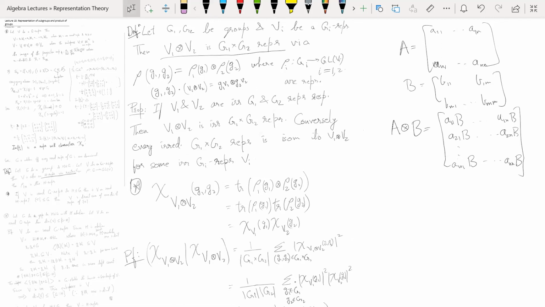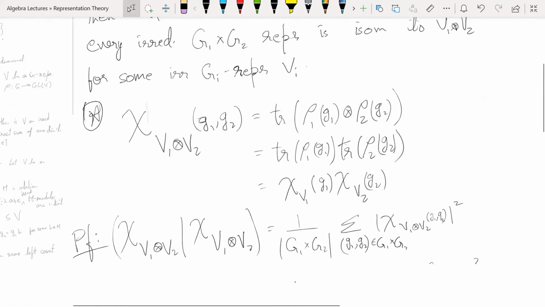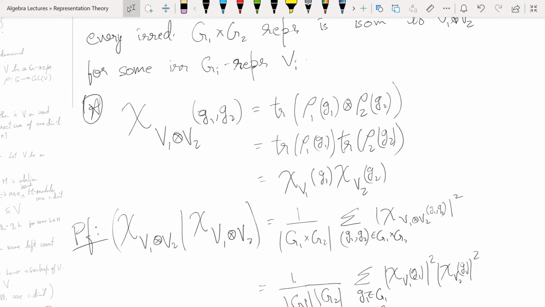So you get that the character of V1 tensor V2 is the character of V1 evaluated at G1 times the character of V2 evaluated at G2. Is this okay? Yes, sir.